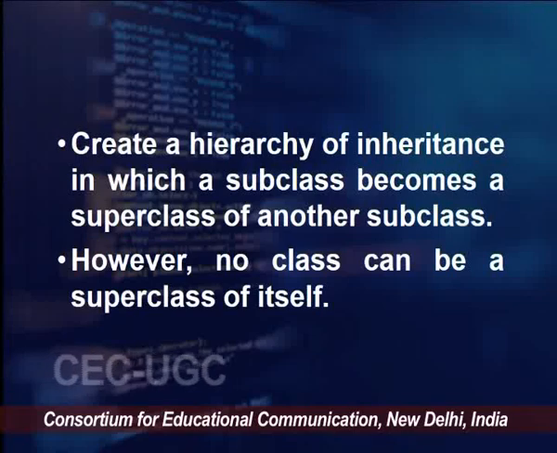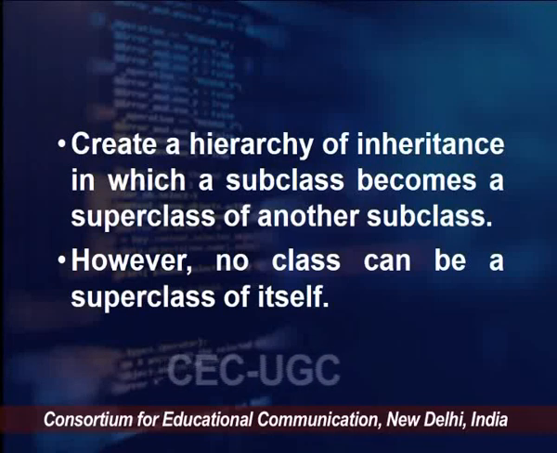We have class A, then class B, and then class C. Class B is extending class A, whereas class C is extending class B. But here we need to be very careful that no class can be a superclass of itself. Being a superclass of itself is not allowed for any class.